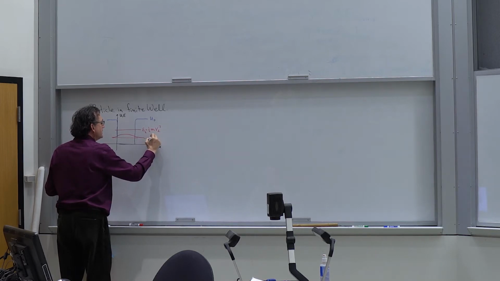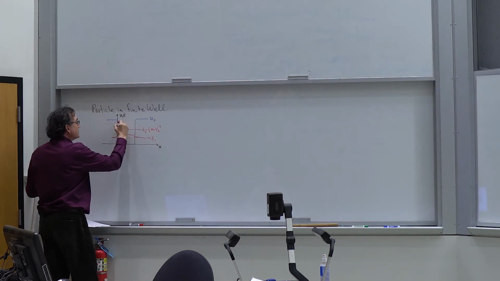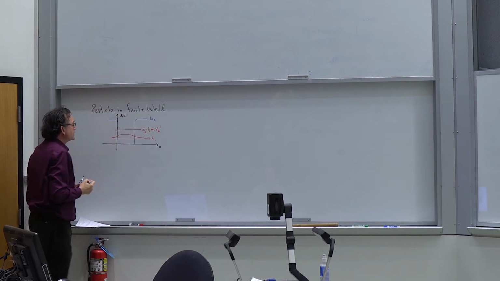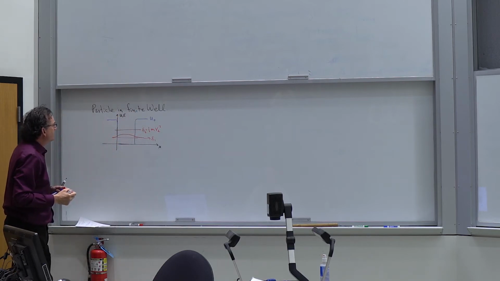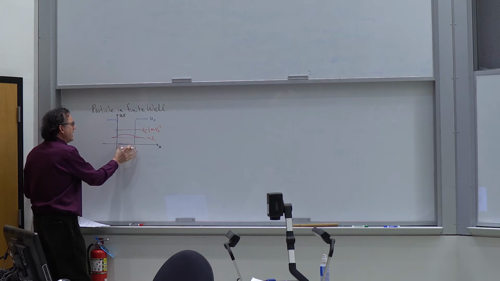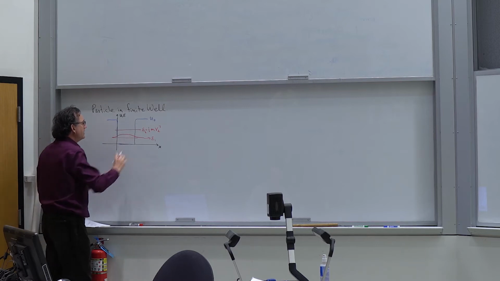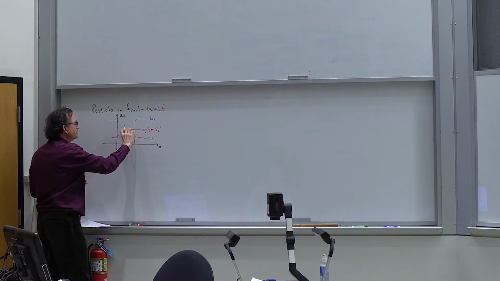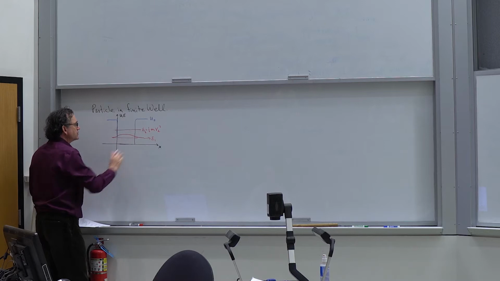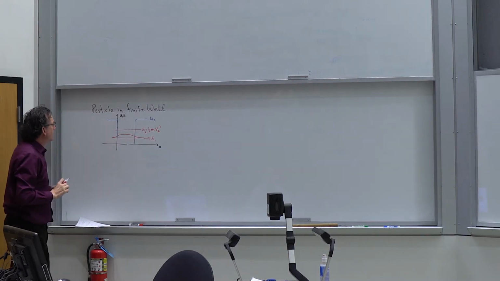And this is the energy E1, and there might be more energy levels, E3, E4, etc. But this obviously, in the case where the potential energy is 0, tells us that this height, well, the total energy minus the potential is always the kinetic energy. So this height is always the kinetic.